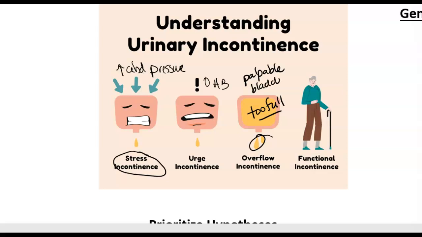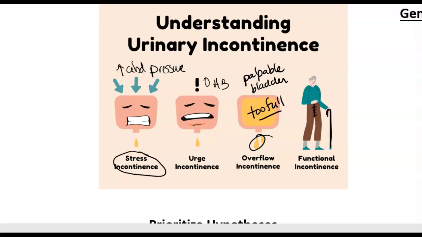So that's that one. And then there's functional incontinence, which for us is due to physical or cognitive issues. One of the most common is dementia, but it can also happen for people who are unable to take care of the needs. Imagine if this person had buttons all the way down here.